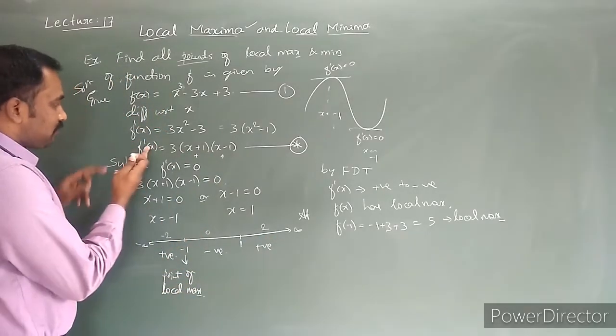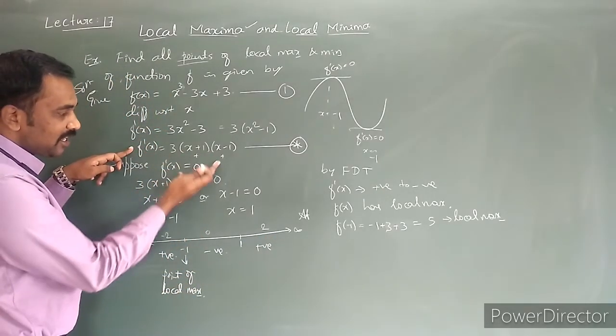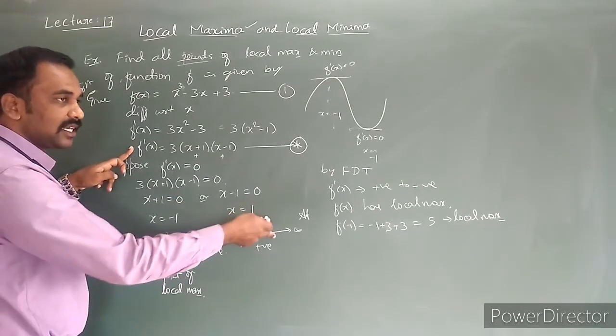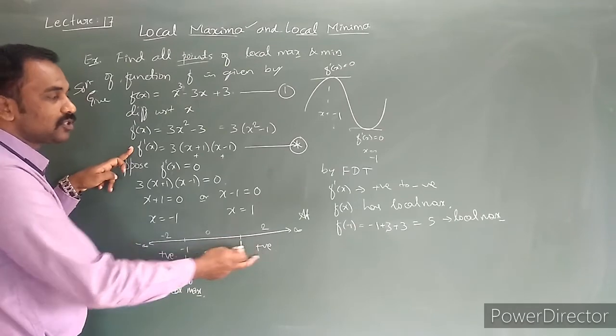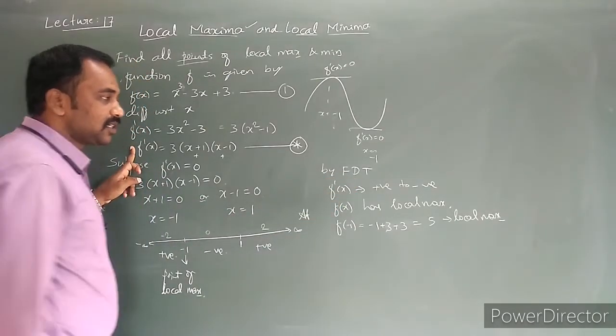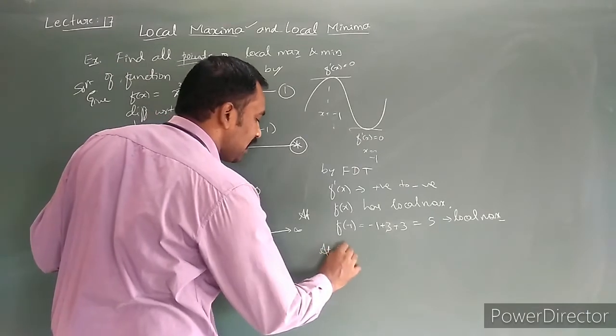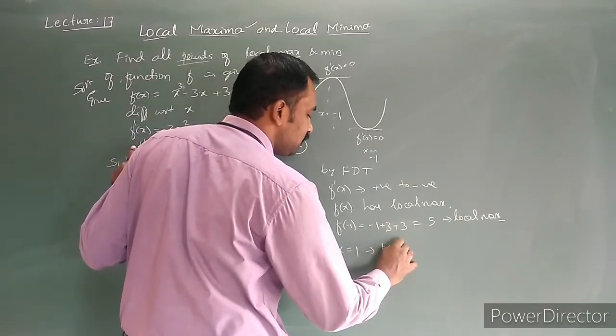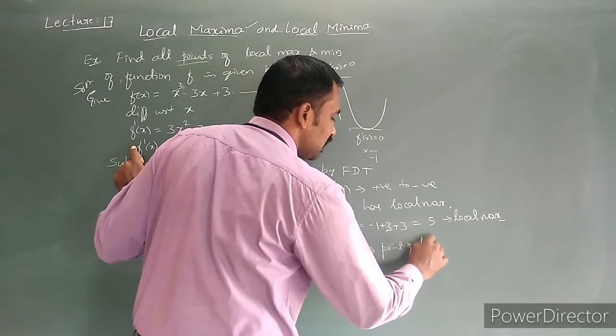So f dash of x changes the sign at x equal to 1, from the left hand side of 1 to the right hand side of 1, from negative to positive. By the first derivative test, x equal to 1 is the point of local minimum.